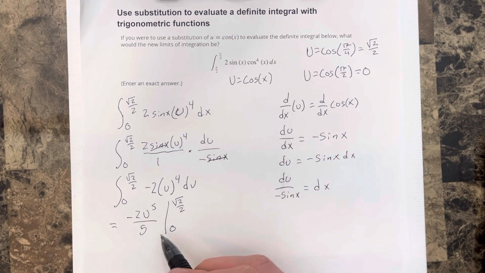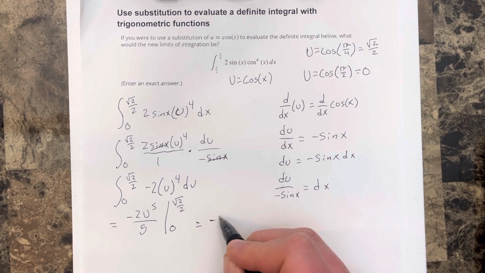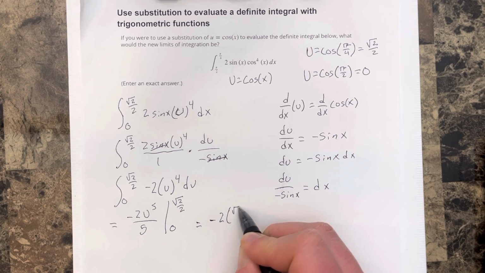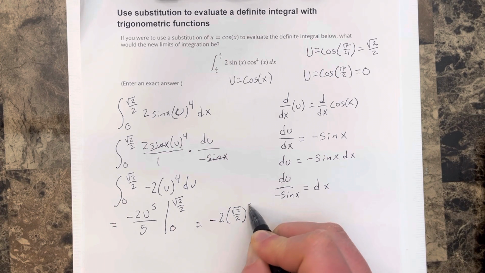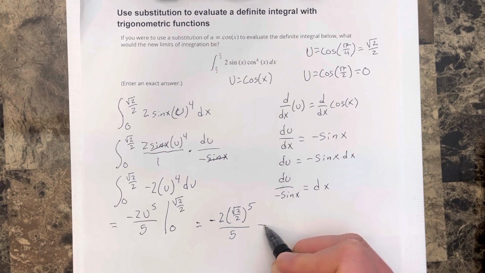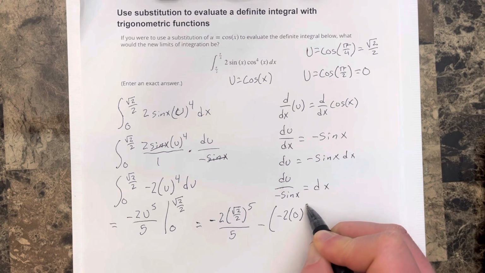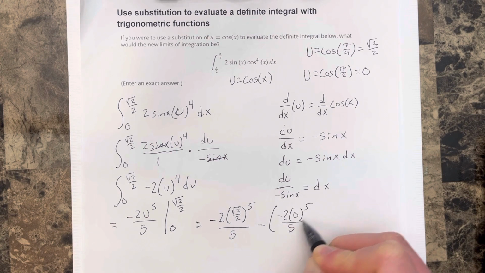So we're going to evaluate this from 0 to root 2 over 2. So we would end up with negative 2 times root 2 over 2 to the 5th divided by 5, minus negative 2 times 0 to the 5th over 5.